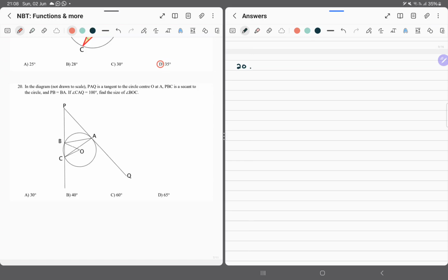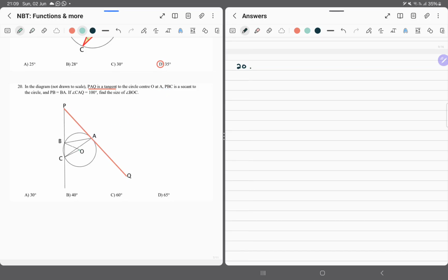All right, so number 20 says, in the diagram not drawn to scale, PAQ is a tangent to the circle center O, so this is the center at A. I often highlight things. You don't need to, but because I'm teaching you, I want you to be able to focus. Okay, fine.